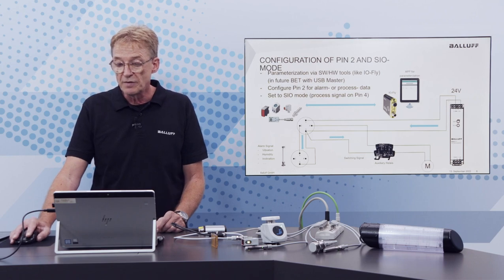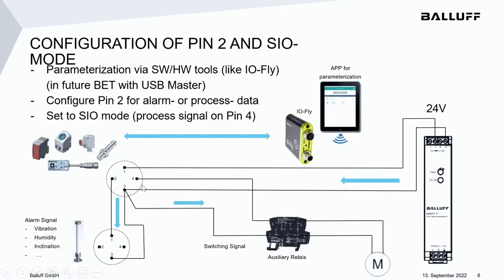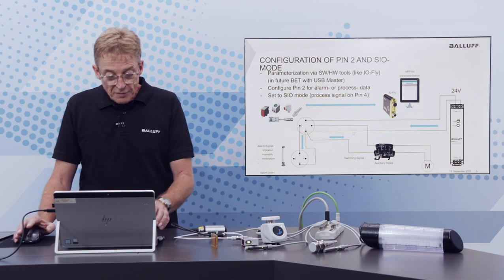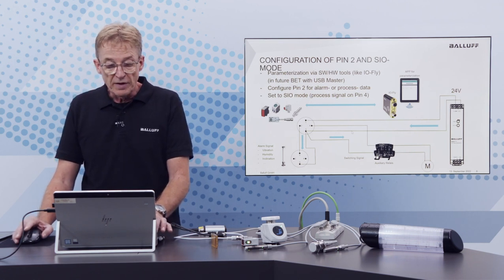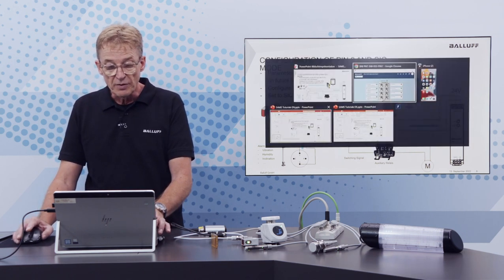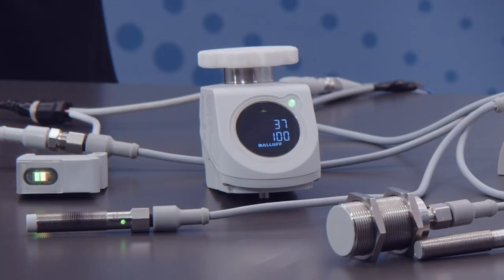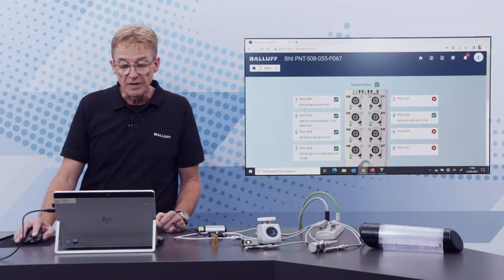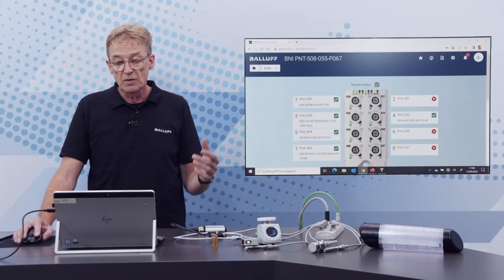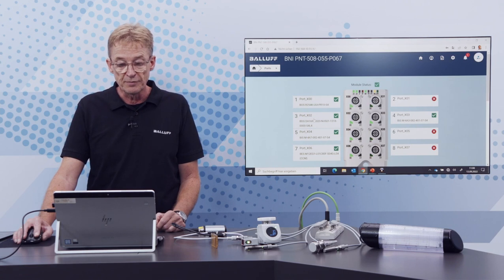We are just using a power supply and can work with the switching information, for example, and with additional alarm information. First of all, we want to have a look at this device we are going to use for this, and this time we want to work with this BDG with the position indicator here, and this BDG is connected to port number 3.